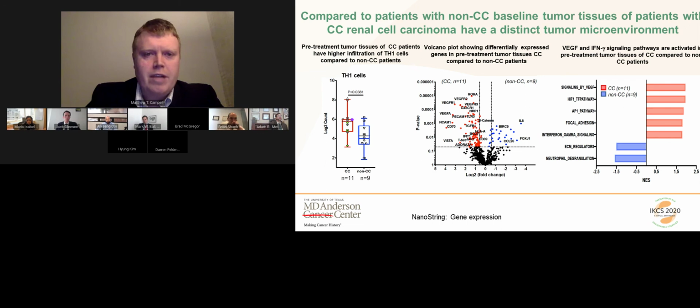What we found was at baseline there are clear differences between non-clear cell and clear cell when you look at the gene expression: clear cell had interferon gamma signaling, whereas non-clear cell had more innate cells as well as extracellular matrix regulators.